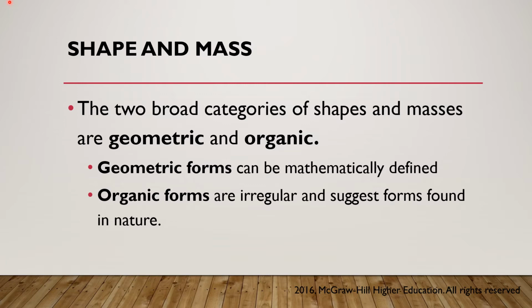And they are created by mathematical formulas. Organic shapes are irregular, more natural. Like in the picture of Henri Matisse, the pieces that look like palm fronds, that would be an organic shape.